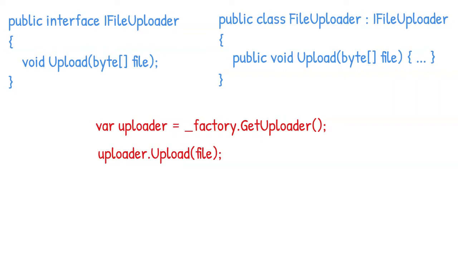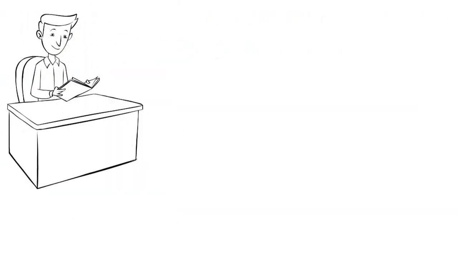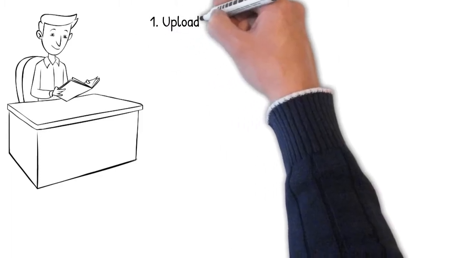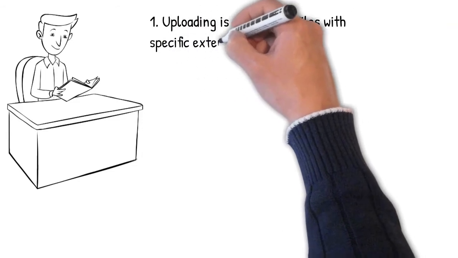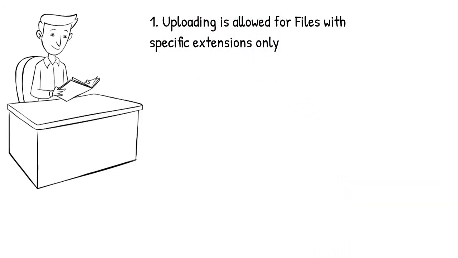Now let's try to enhance the requirement so as to provide different types of checks before we actually upload the file. The first type of check that we are supposed to apply is restricting the types of files that can be uploaded. Like for example, we want to restrict only videos and images that can be uploaded, but the documents cannot be uploaded.